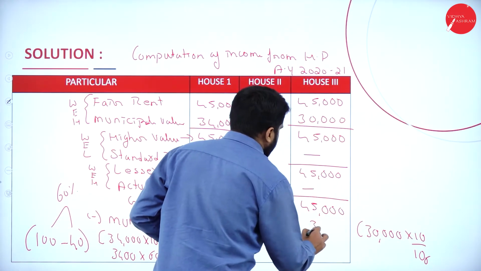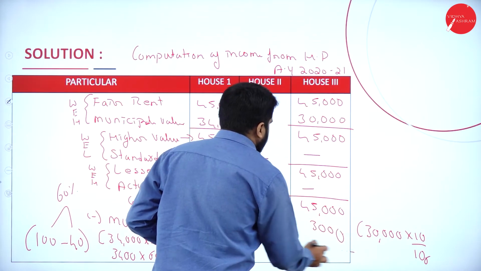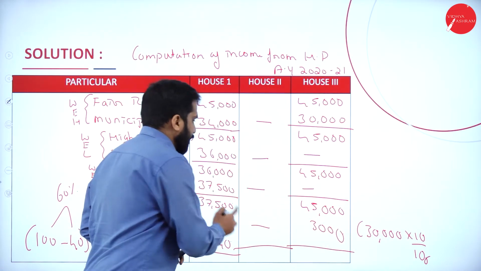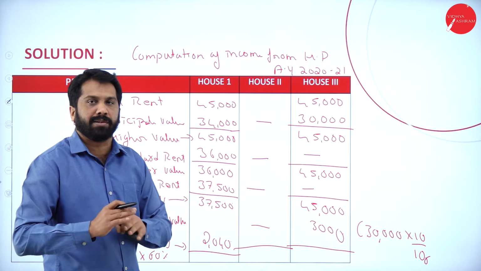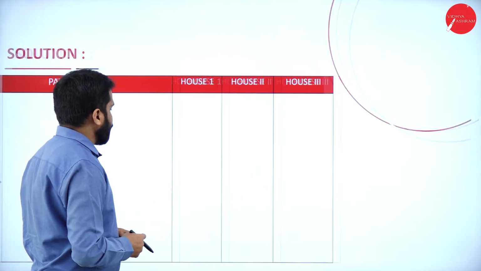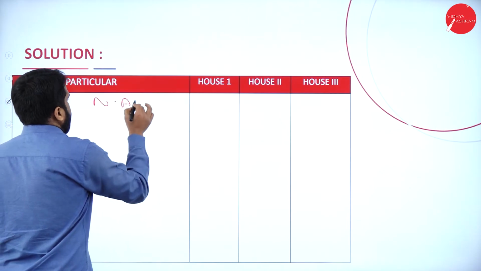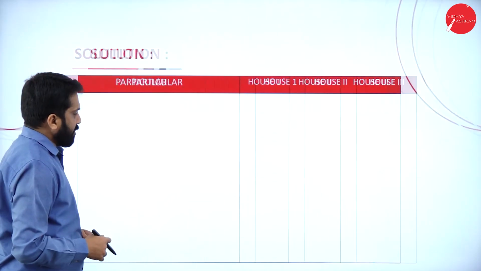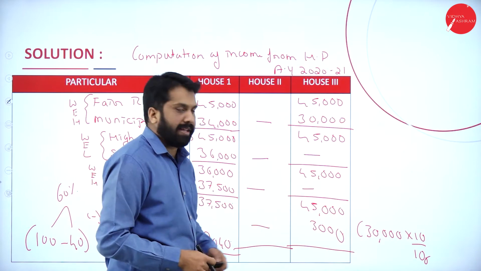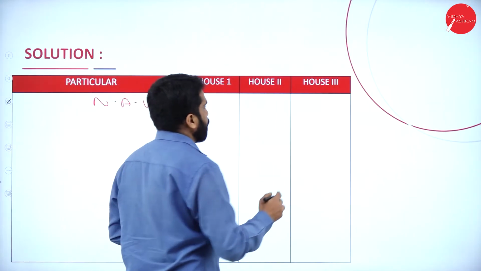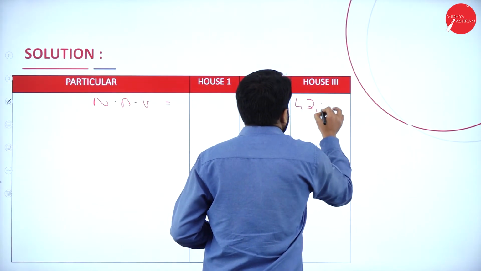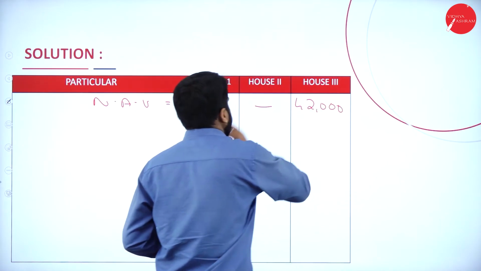Your municipal value is 3,000 and we'll get the answer. Any doubt up to this? No doubt. I'll go to next slide. Your net annual value, how much it is? 45 minus 3, it will be 42,000. House 2 is nil.